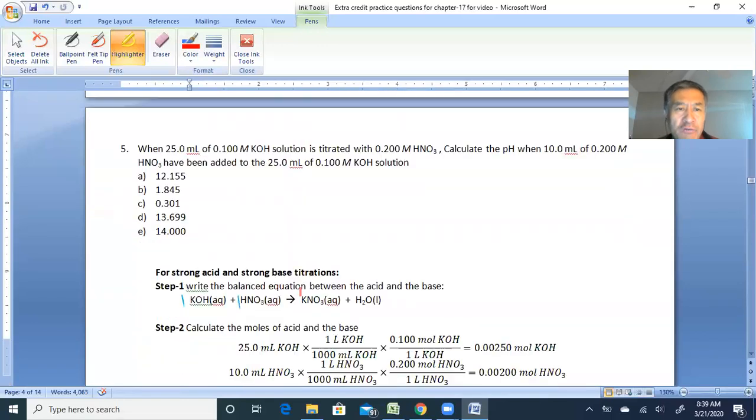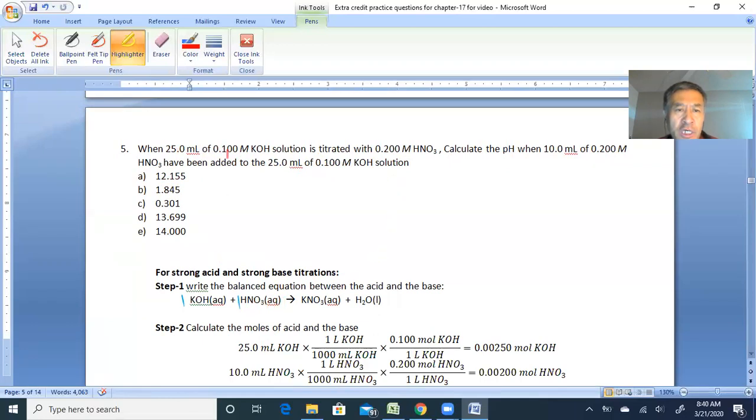Okay, so question 5 is when 25.0 milliliter of 0.100 molar KOH solution is titrated with 0.200 molar HNO3, calculate the pH when 10.0 milliliter of 0.200 molar HNO3 has been added to the initial 25.0 milliliter of 0.100 molar KOH.